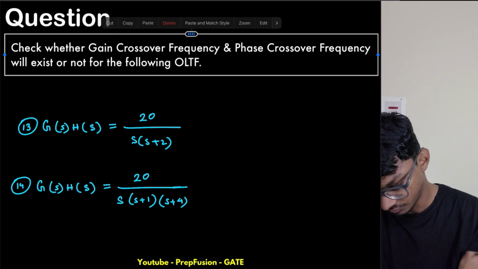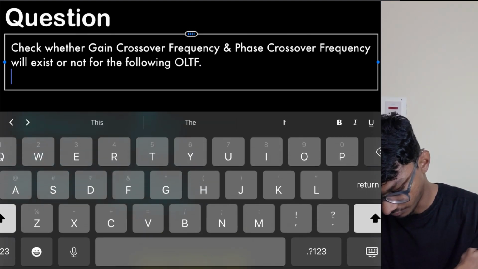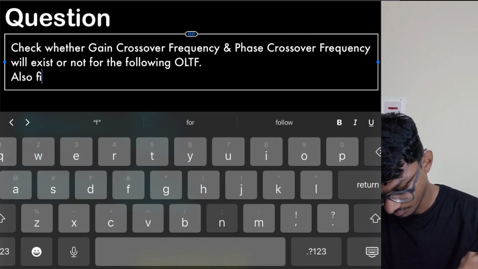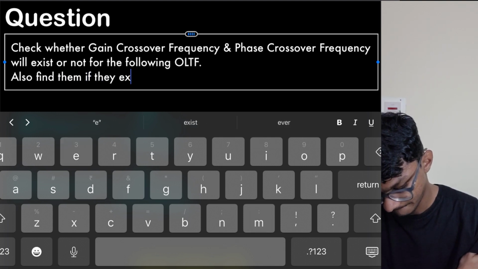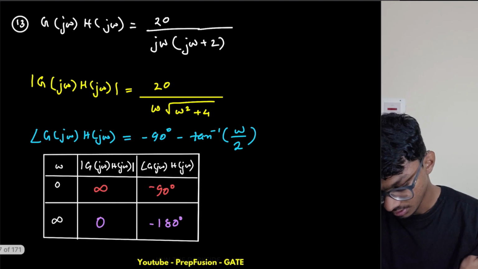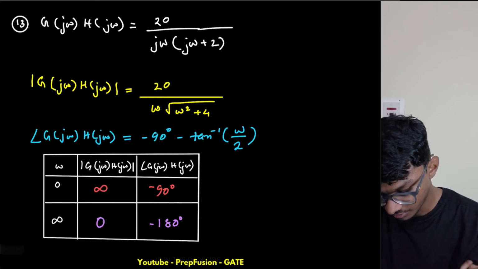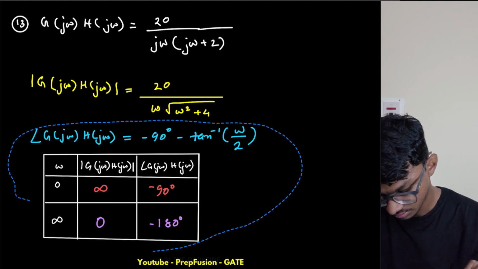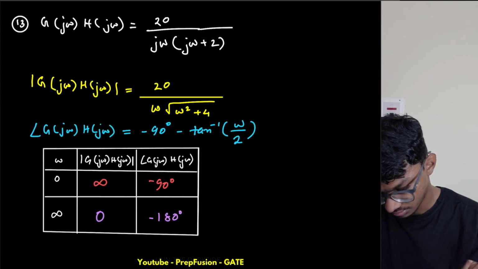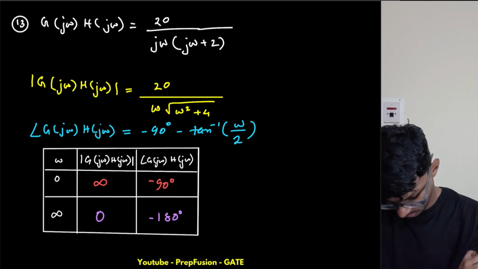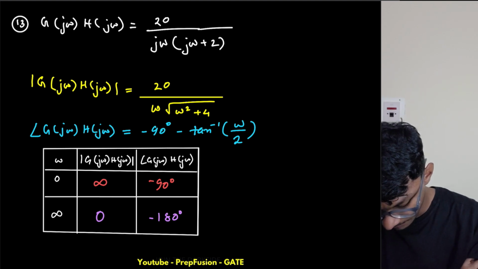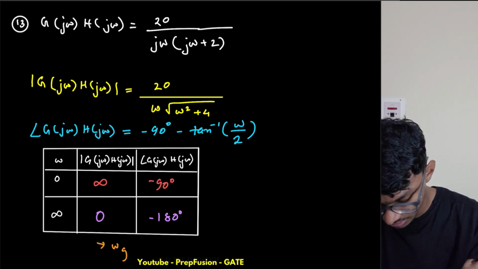I should also write here: also find them if they exist. For sure, what I can say is that my omega g will exist.